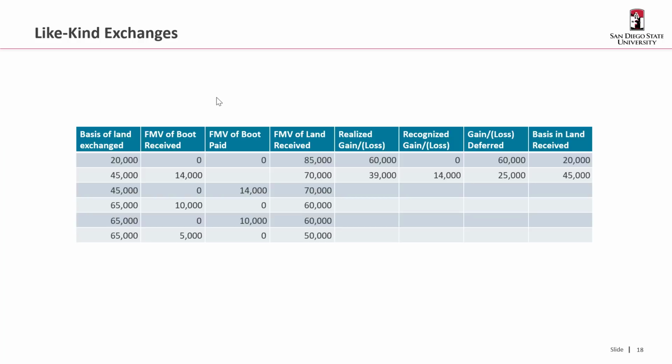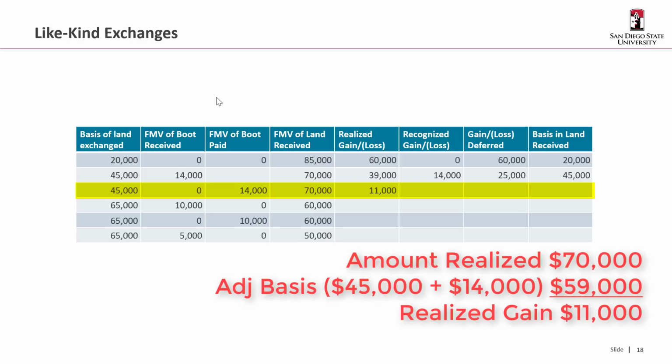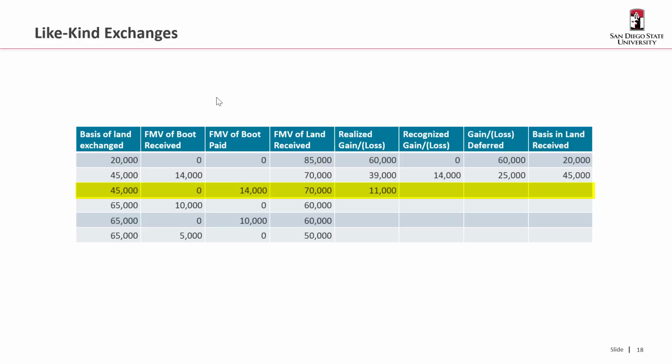So in this case, again, same 45, but this time I'm paying boot of 14,000. So in this case, the amount received is 70,000. The basis of what I'm giving up is 45 plus 14, which in my mind, that's 59. So 70 minus 59 is 11,000 of realized gain. How much of that do I recognize?